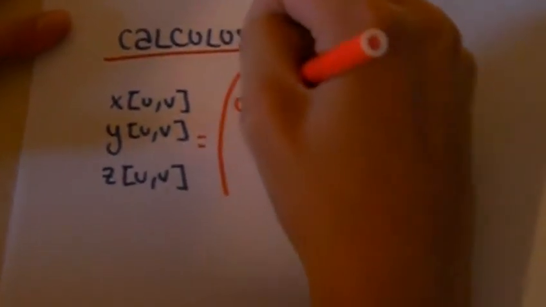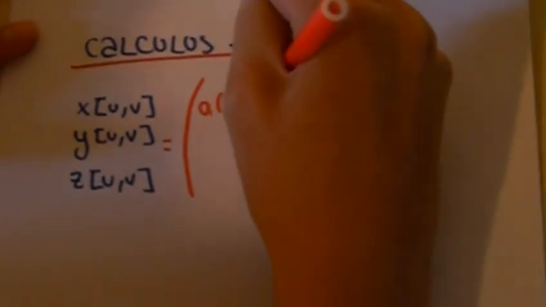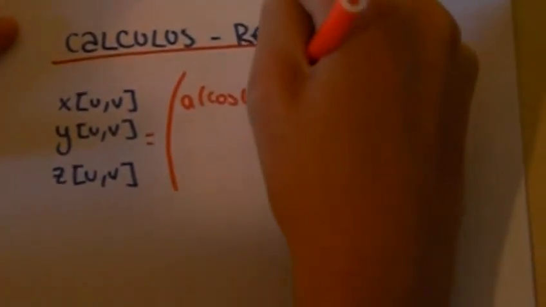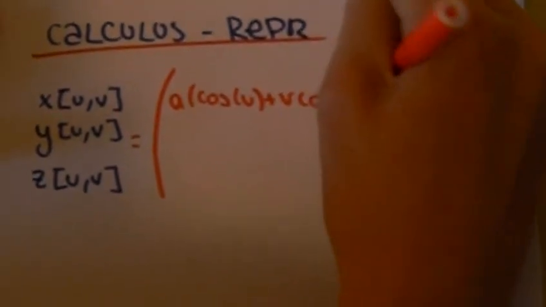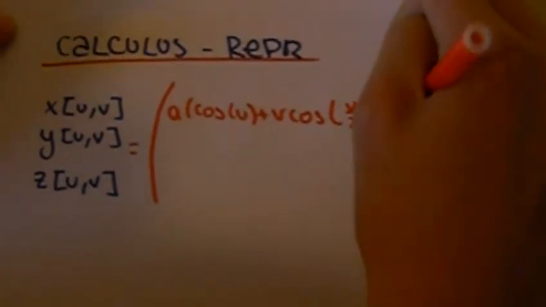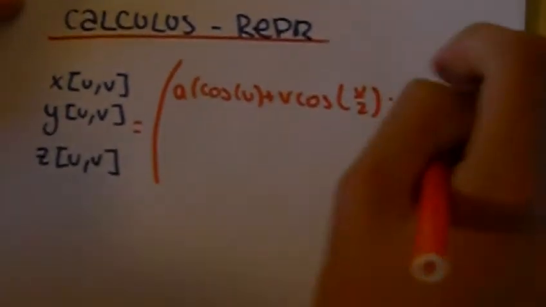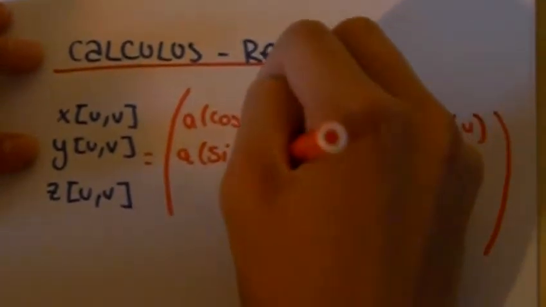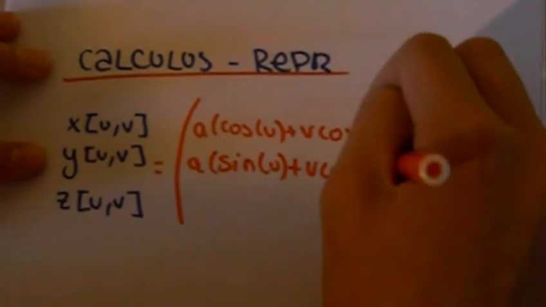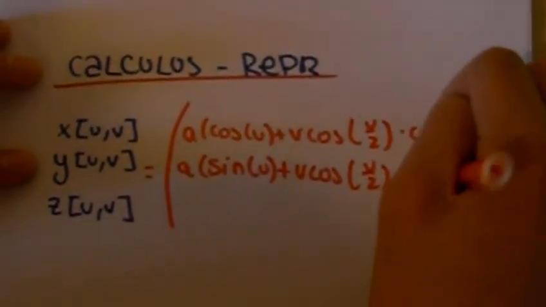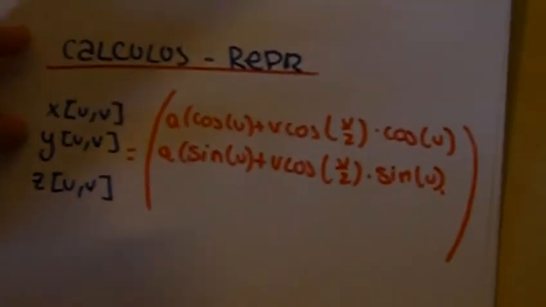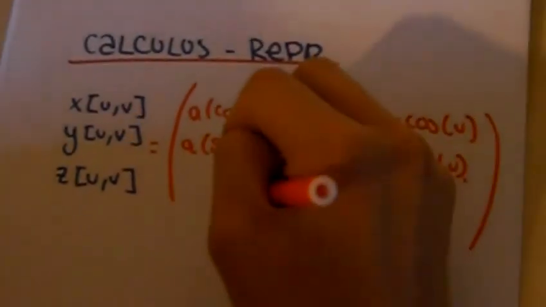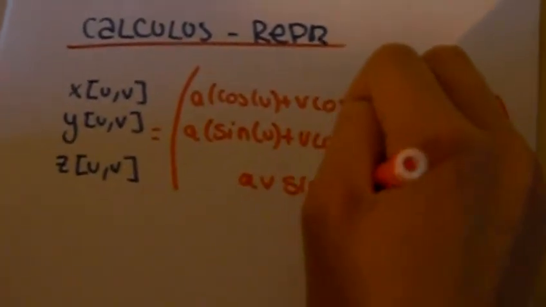So we have here the function for x is A cosine of U plus V cosine of U halves times cosine of U. The function for the y coordinate is just A sine of U plus V cosine of U halves times sine of U. And the z coordinate is A V sine of U halves.